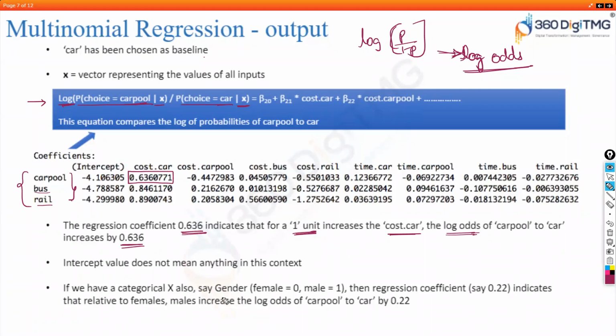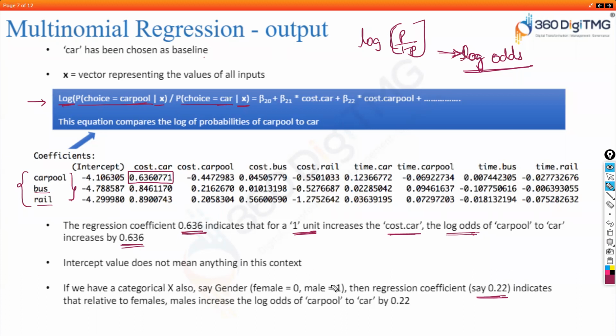Now say you have another column called gender. Out of these inputs, you have another column called gender. Then assume you have a coefficient value of 0.22. What does that indicate?